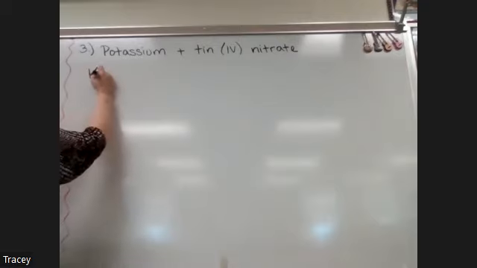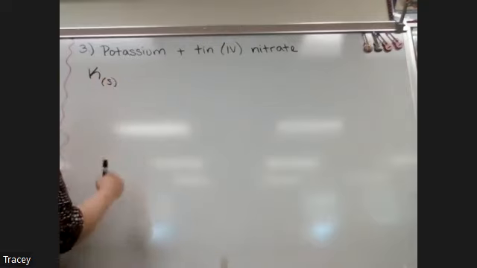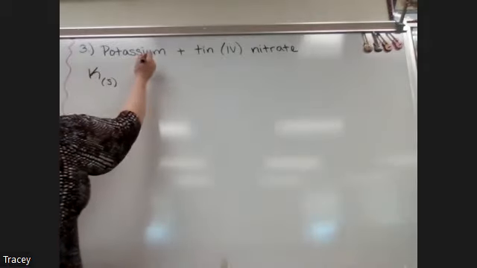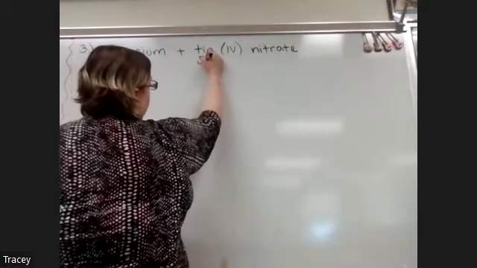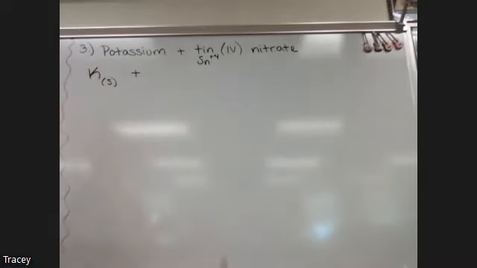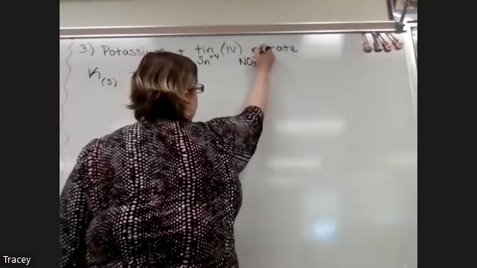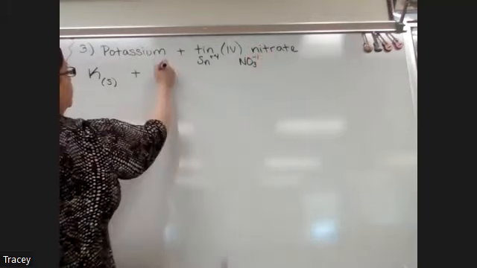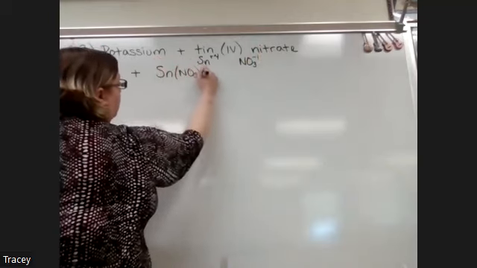Potassium is the symbol K. It is a solid monatomic metal, neutral metal. And then tin(IV), the IV means that that's the charge on the tin. And tin goes by the symbol Sn. So it's going to be Sn+4. And we saw nitrate on the green sheet is NO3 -1. So tin(IV) nitrate is going to be Sn(NO3)4.